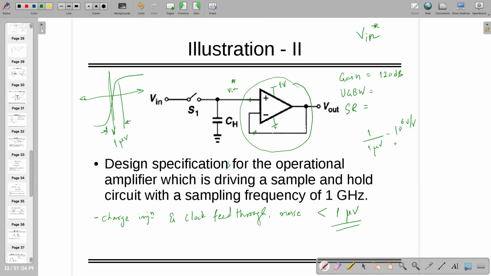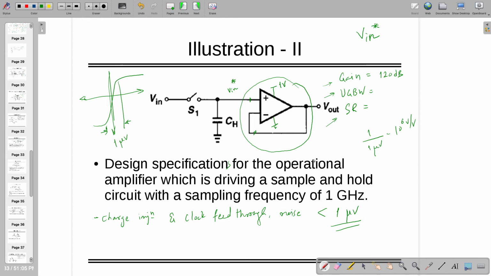Yes, Siddhant, are you following or no? Right? Okay. Because this is what we need to do every time. Whenever you are seeing an op-amp, you need to find out at least 3, 4 of these specifications; they need to be derived. So now tell me, what is the UGBW requirement? Look, if sampling frequency is 1 giga, we already took care of the Nyquist rate.